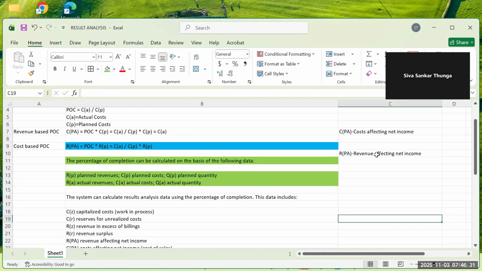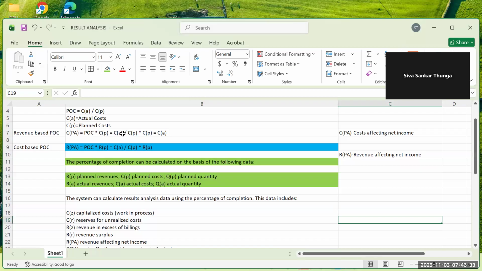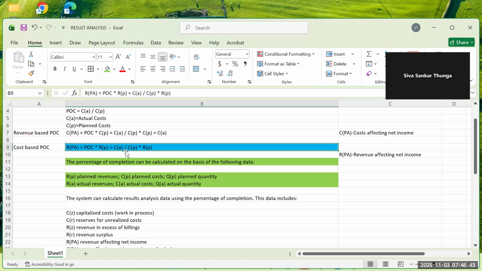Here, in this method I need actual cost divided by planned cost into planned cost. In this method, I need actual cost divided by planned cost into planned revenue.